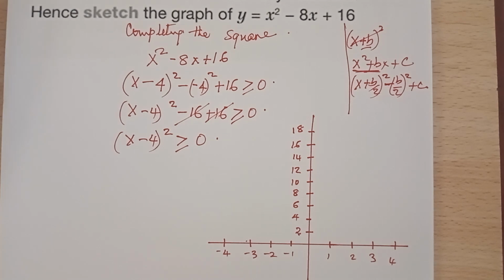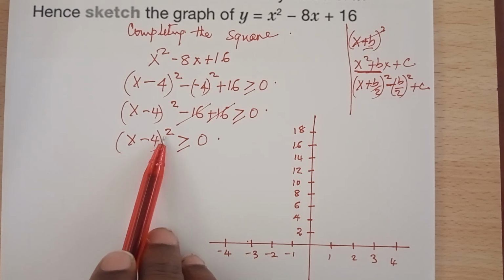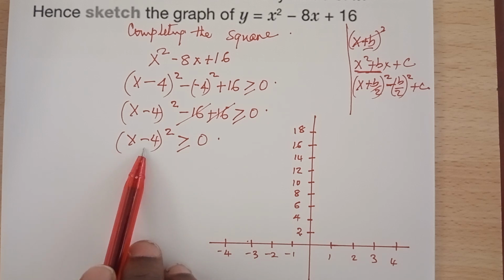When we have anything squared, there is no way we can square a number and have a negative answer. It's not going to be that way.